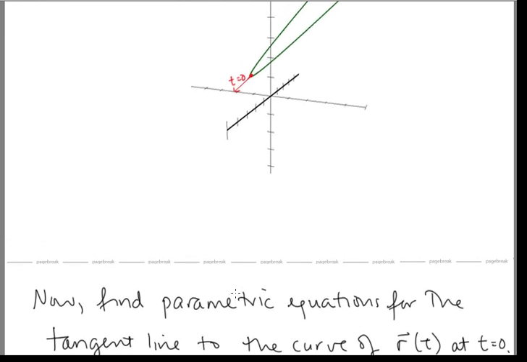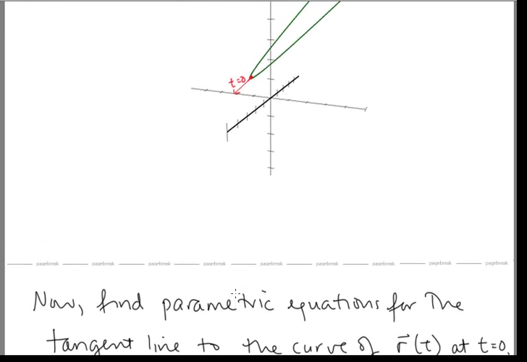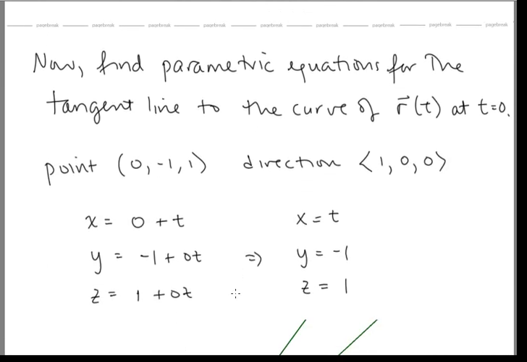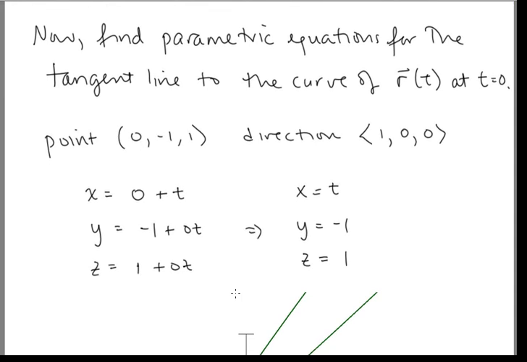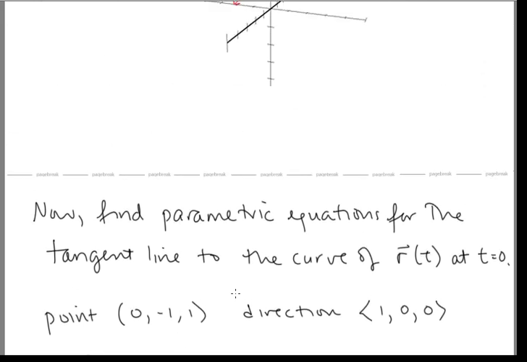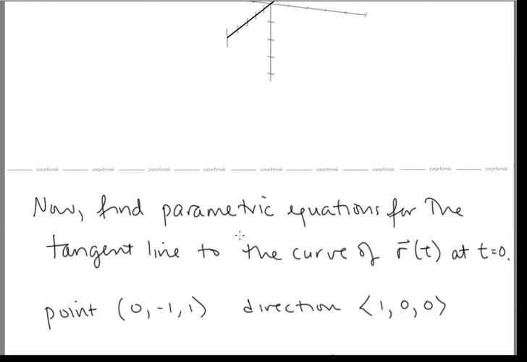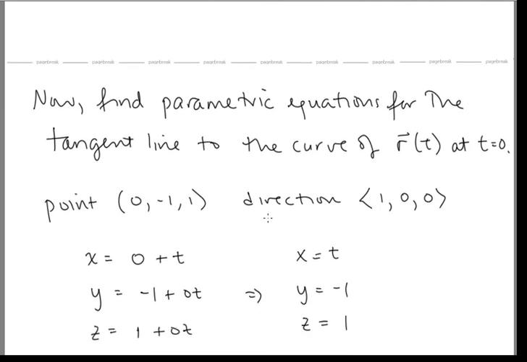We could even go one step further and find the equations of the tangent line to the curve at that point. Find parametric equations for the tangent line to the curve of r of t at t equals 0. So I'm still talking about the same curve, r of t. We know that point is 0, negative 1, 1, and we now know the direction is 1, 0, 0 when t is equal to 0.